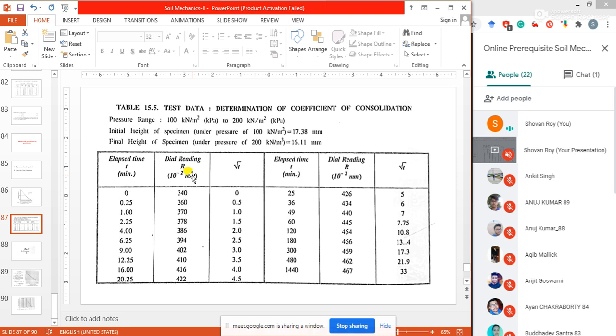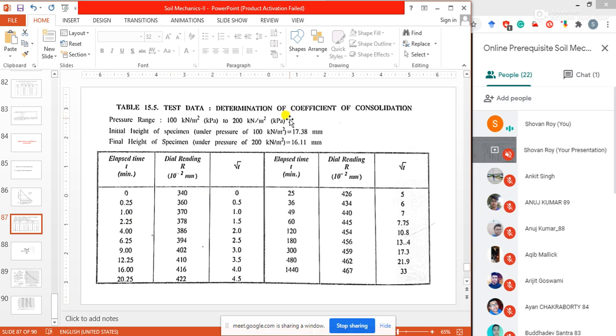The dial reading we also get from our laboratory test, because our specimen settles due to load, and from the dial gauge reading we can calculate the settlement of the specimen.